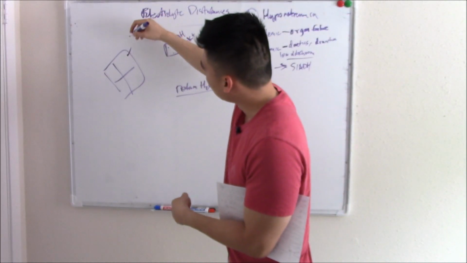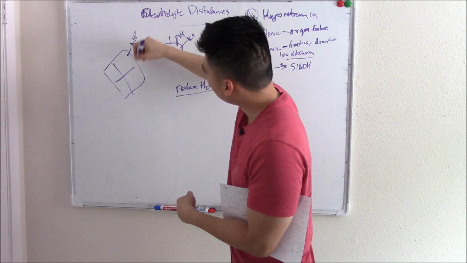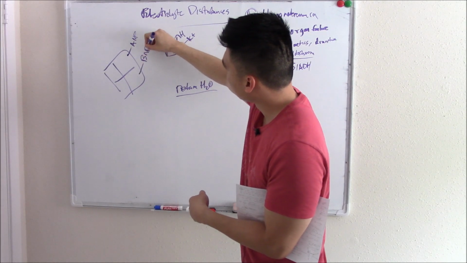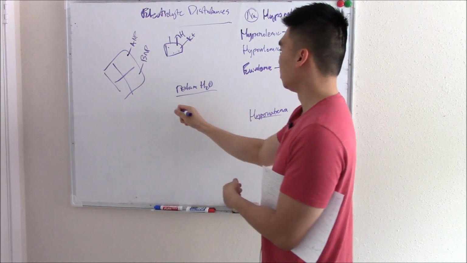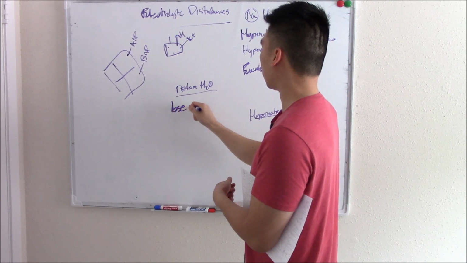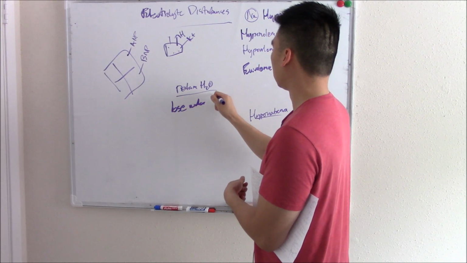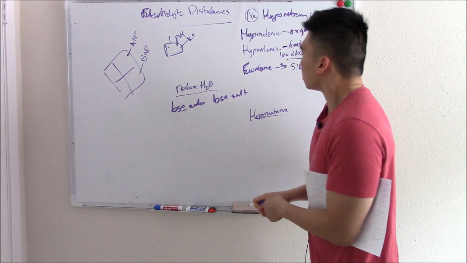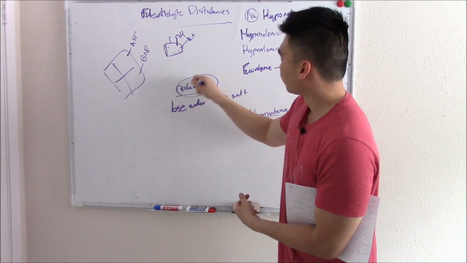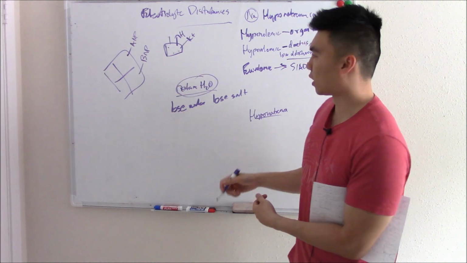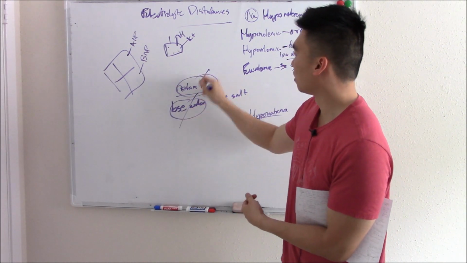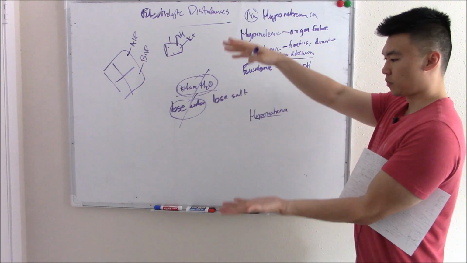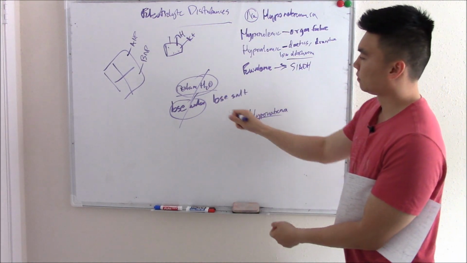Your atria release ANP, your ventricles release BNP. And that helps you lose water and also helps you lose salt. So ADH retains water, and then the counter-regulatory mechanisms lose water, so these cancel out, and thus you're back to normal volume level.